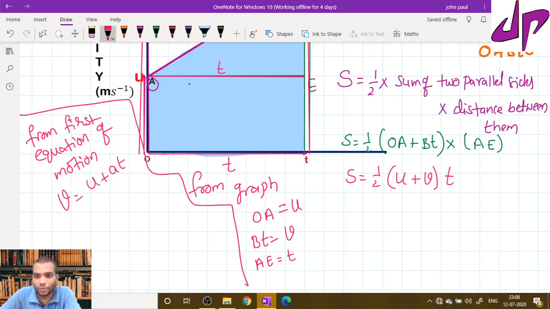Here I need to substitute the value of T, so rewriting, V minus U equal to AT. Therefore T equals V minus U upon A.